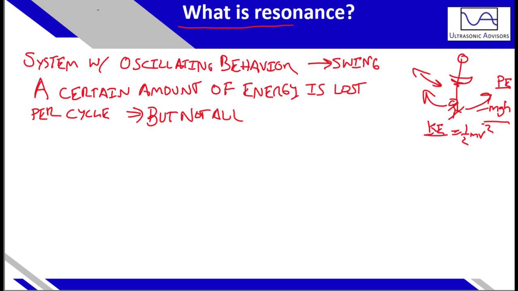This energy is lost over time if you don't put more energy in, but not all of it is lost per each cycle. Therefore, with one push, you'll have a couple of swings back and forth, but in order to keep it going, you have to keep pushing. The other important point here is that energy accumulates.